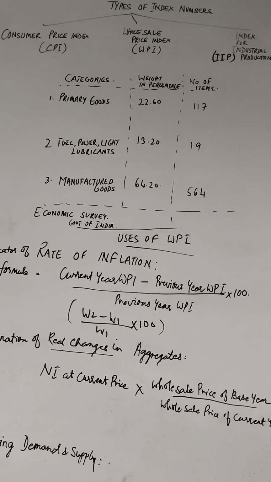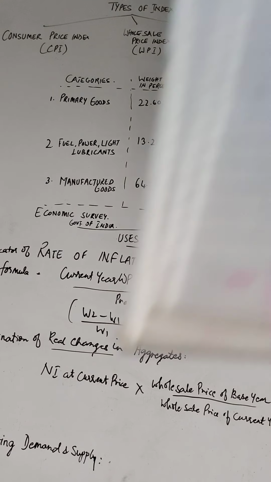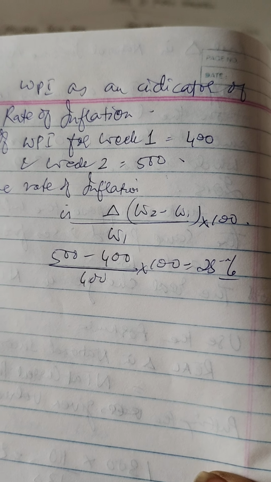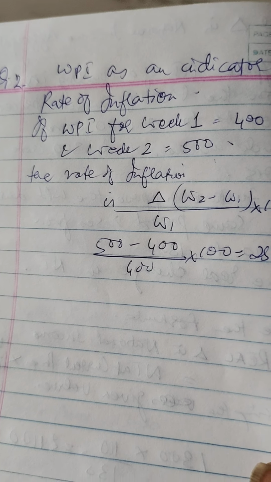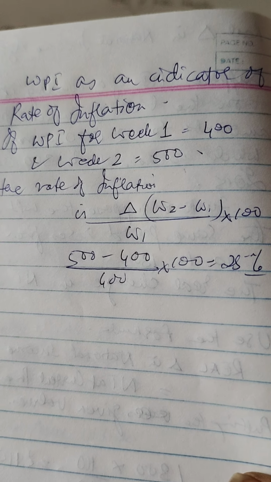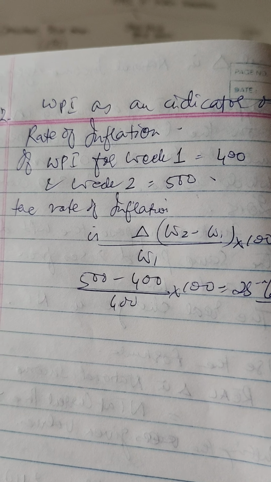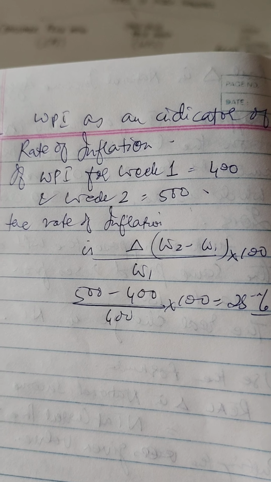Is that right? Let me just write it down and show it to you. So what do you show the change? Week 2 minus week 1 divided by week 1 into 100. Week 1 was 400, week 2 was 500.